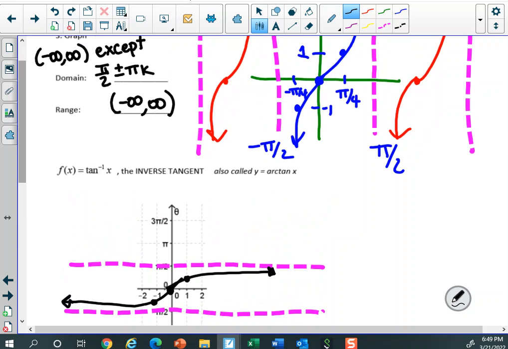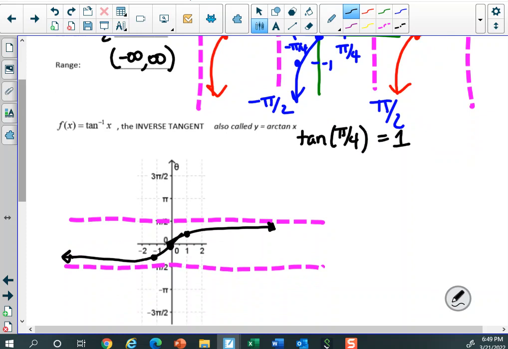In the original tangent function, we say the tangent of pi over 4 is equal to 1. In inverse tan or arctan, the inverse tangent of 1 is pi over 4. Now, I think the tangent problems can be some of the trickier ones.